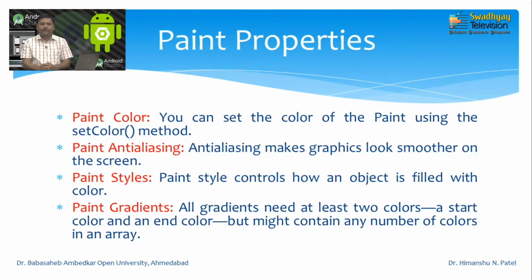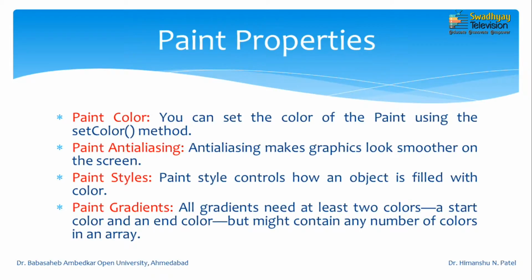Now, you can specify paint anti-aliasing. This anti-aliasing feature is used to make your graphics smoother on the screen. That means, whenever there is a sharp angle, you can use anti-aliasing to smooth those areas. You can also specify paint style. Paint style controls how an object is filled with color. Fill color is specified by paint style and you can also use paint gradients.